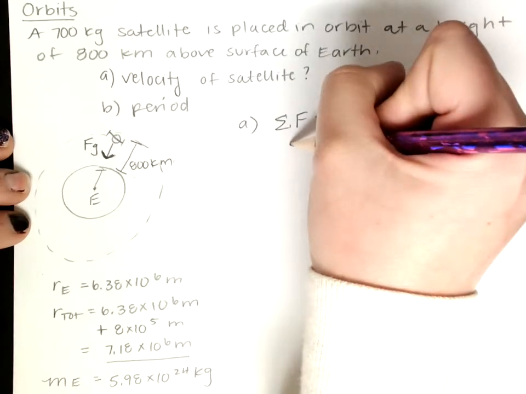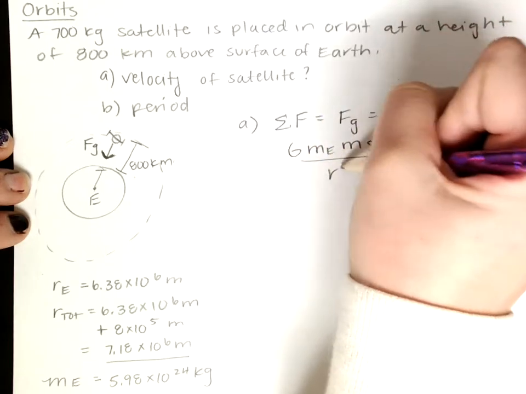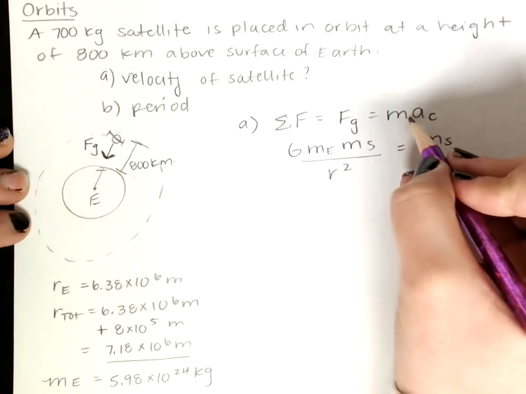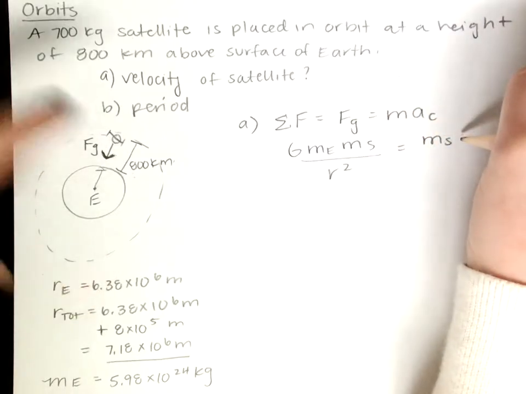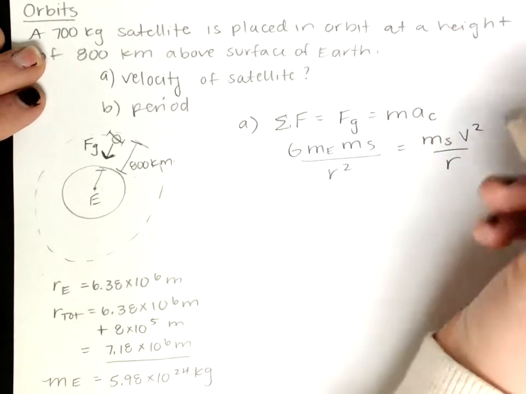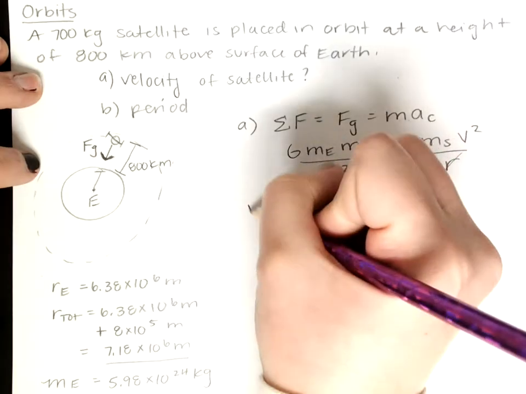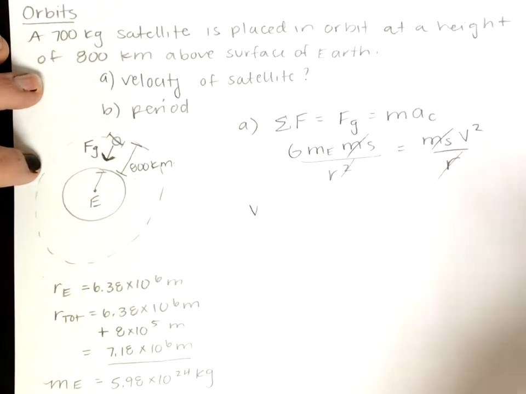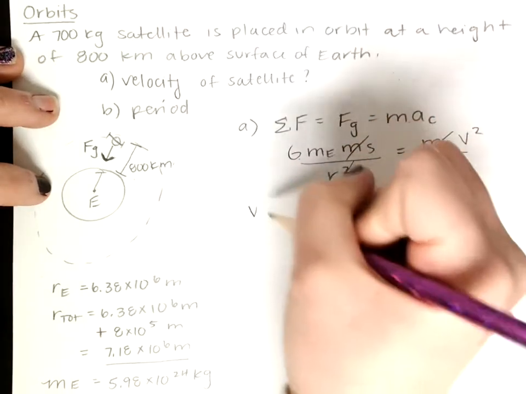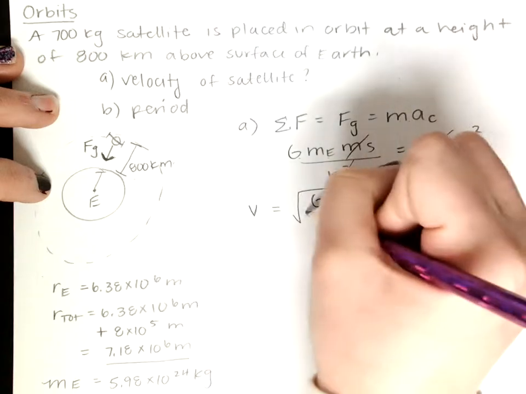We get G m Earth m satellite divided by r squared equals m satellite, because we're specifically talking about the satellite doing the orbiting, it's the one moving in the circle, v squared over r. One of our r's cancels, and the m of the satellite cancels as well, since we want to solve for v. We get v equals the square root of G m of Earth over r.